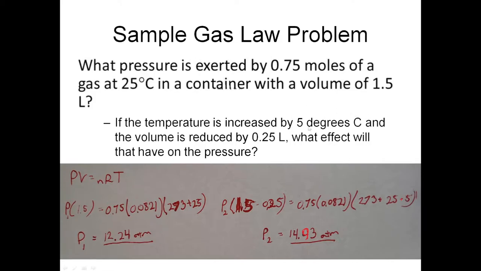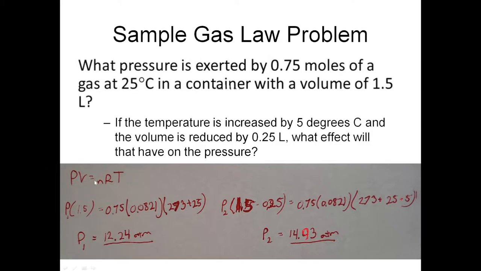But that's not the only thing we're changing here. We're also going to reduce the volume of this particular vessel. We're heating up, but we're also forcing it to shrink at the same time due to increased forces from outside of the vessel.